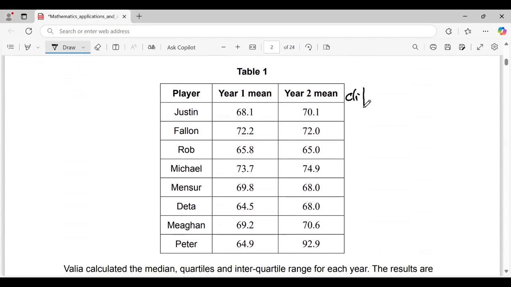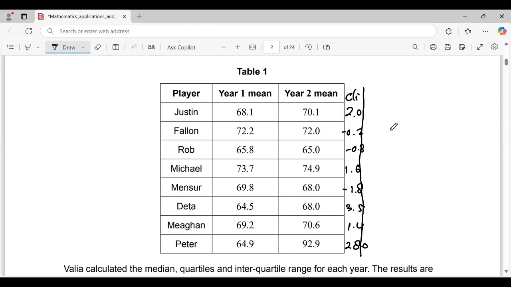The differences are: 70.1 minus 68.1 is 2.0, and this one is minus 0.2, this one minus 0.8, this one 1.6, minus 1.8, 3.5, 1.4, and this one is 28.0.